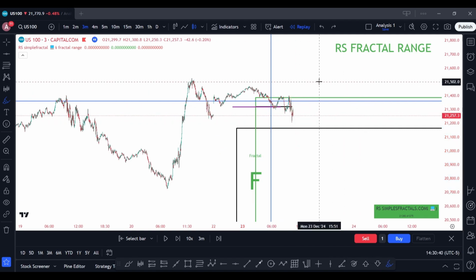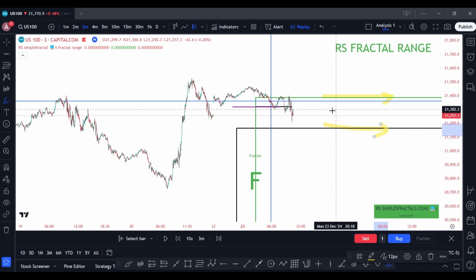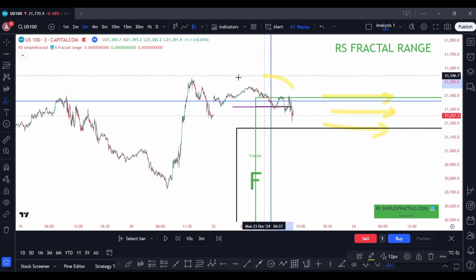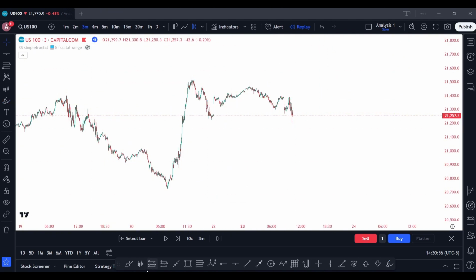And also another time, it's very easy. You don't need a lot of effort to do this and a lot of knowledge. From here, we have the green and the black levels in the right direction. So this means this area is a geometric area. So right here, we don't need the indicator anymore. We have located our fractal. This is the fractal.